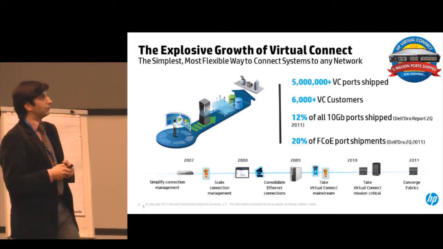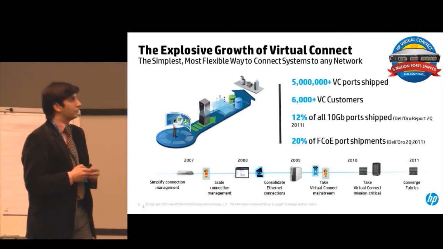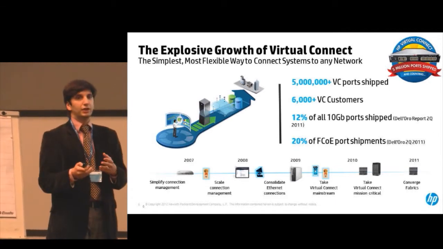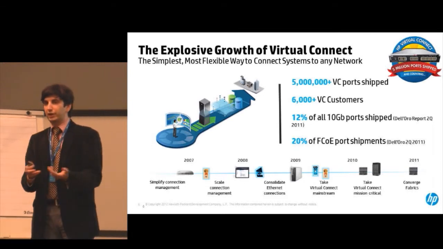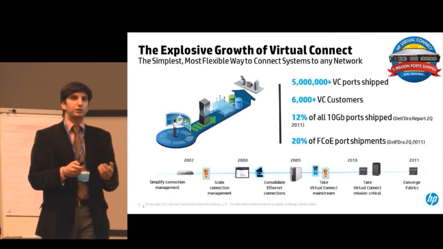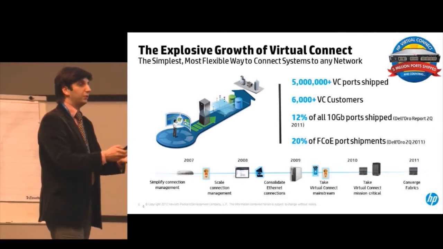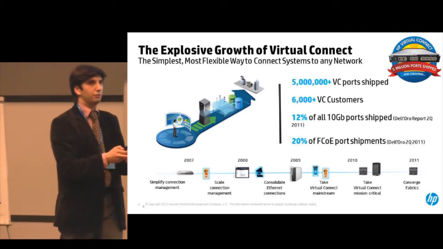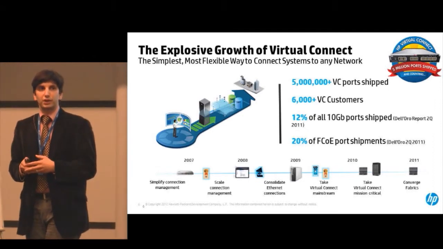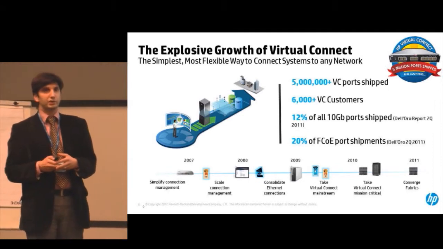The next step was Flex-10 technology, which allows us, or actually not really allowed us, but where we made good use of the 10G technology, because we have been integrating the 10G ports as a default port starting from generation 7 of the ProLiant blade servers.